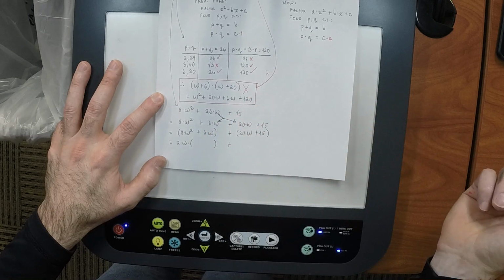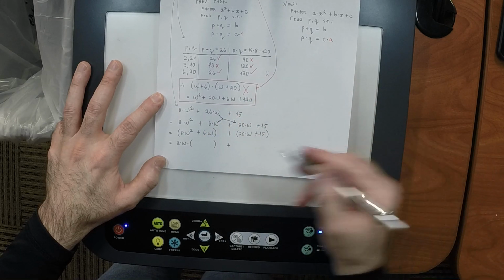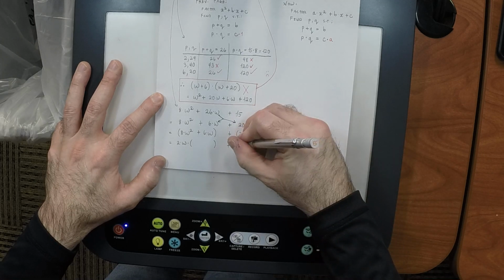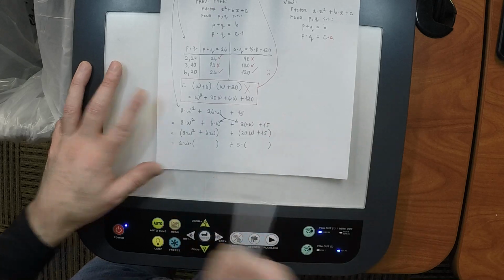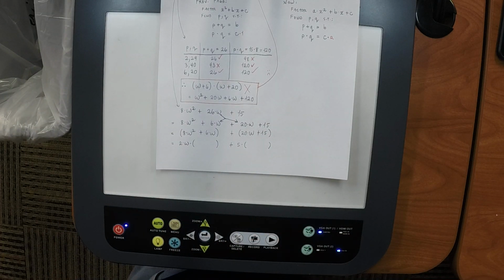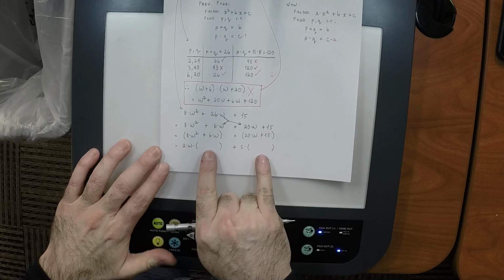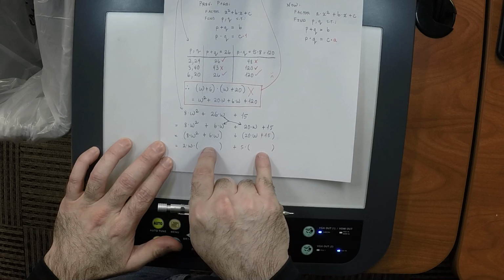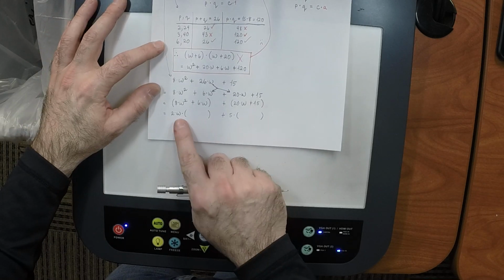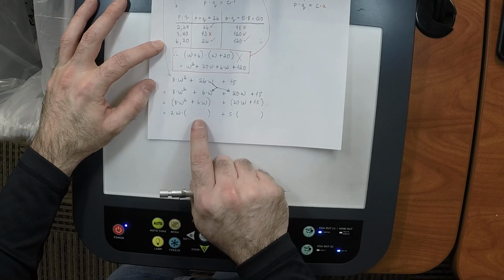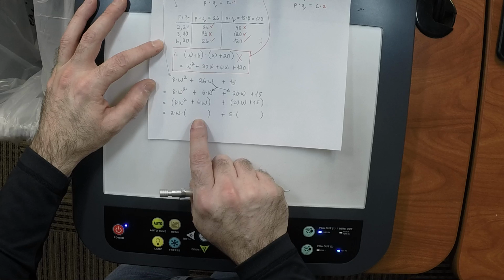And in the second group, what's the GCF? 5. Is there any question about finding the GCF in each group? Okay, then for the first group, where we factored out 2w, what needs to go in there? (4w plus 3).